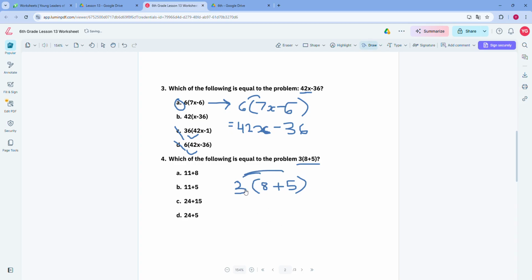So you could distribute, which would get you 24 plus 15, and that would be C. But you could also do 8 plus 5, which would give you 13, and then 3 times 13, and that's going to give you the same answer as this. But in this scenario, they want you to distribute because it's going to give you the two numbers that add up into here.